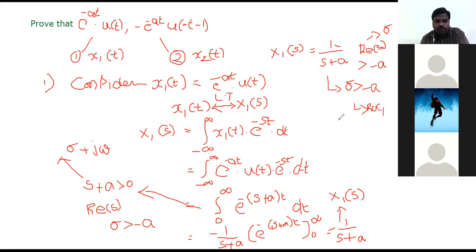Now if you want to draw this ROC, now I am drawing ROC1.